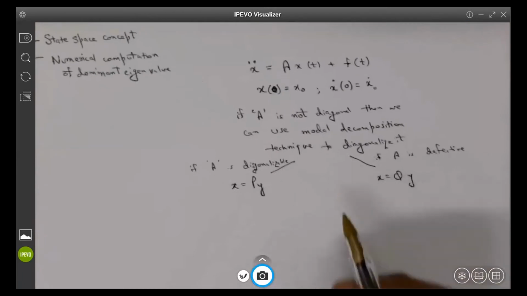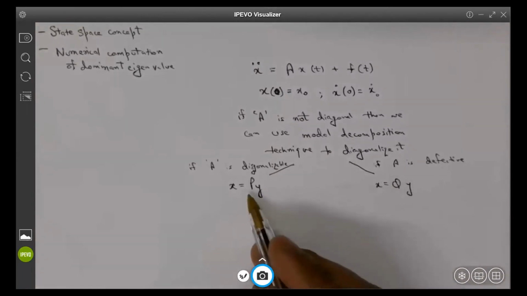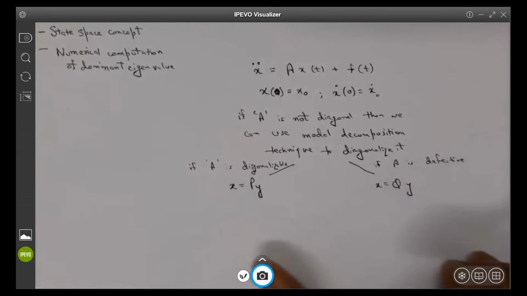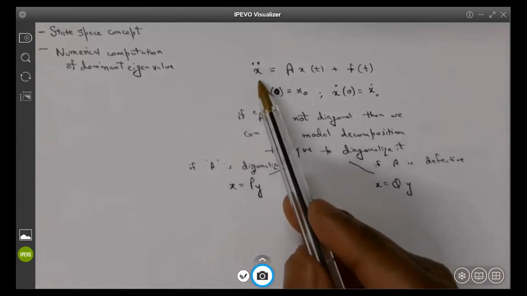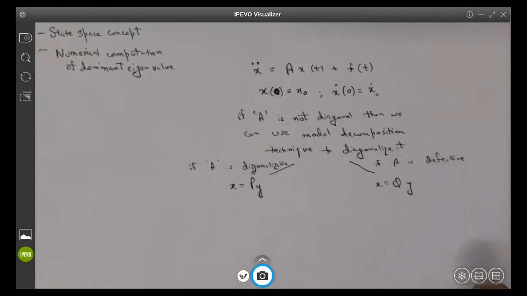I'm not going further into what P and Q are. Basically, P is constructed of all the linearly independent eigenvectors of matrix A, and Q is constructed out of the missing eigenvectors plus all the other linearly independent eigenvectors of the defective matrix A. If we substitute this variable in this equation, we can diagonalize it, or make it a Jordan form, which helps us decouple this system of equations and solve it.